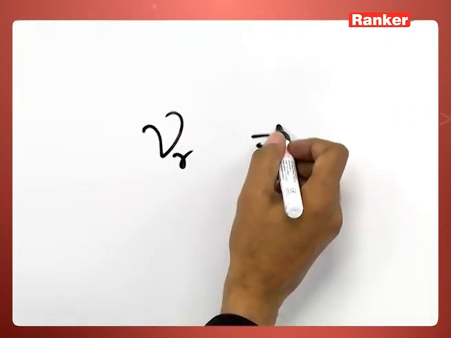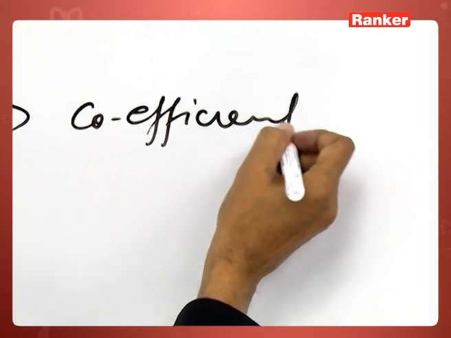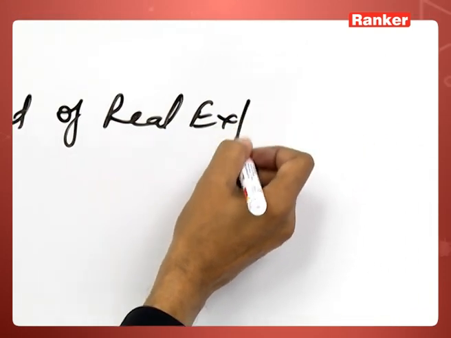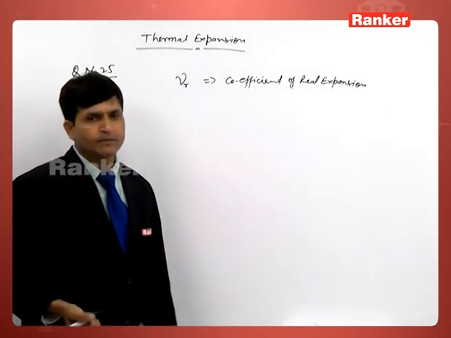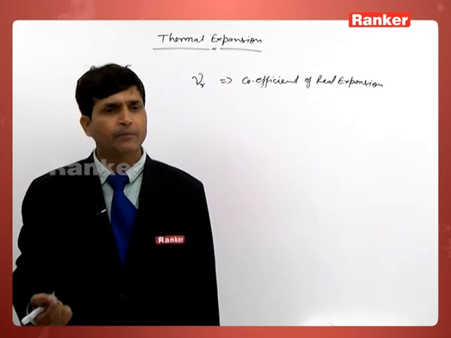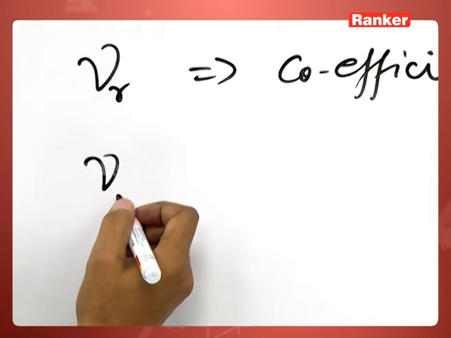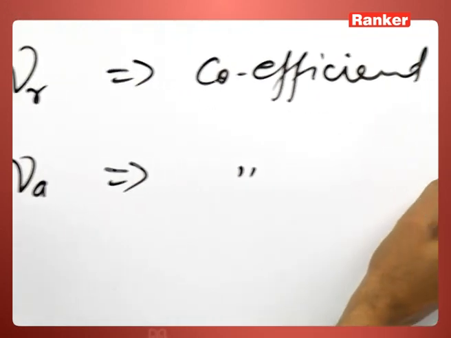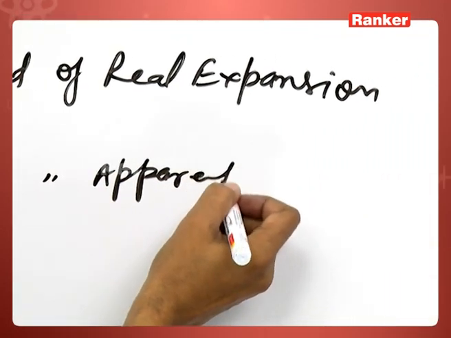Gamma r is the coefficient of real expansion. This is given. The coefficient of real expansion is 1% more than the coefficient of apparent expansion, where gamma is the coefficient of apparent expansion.